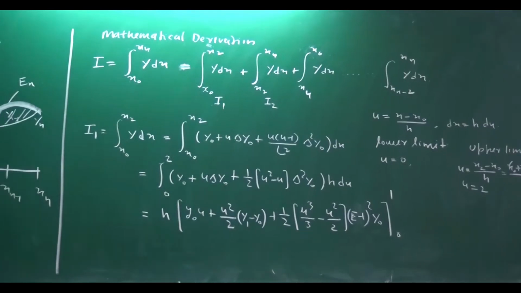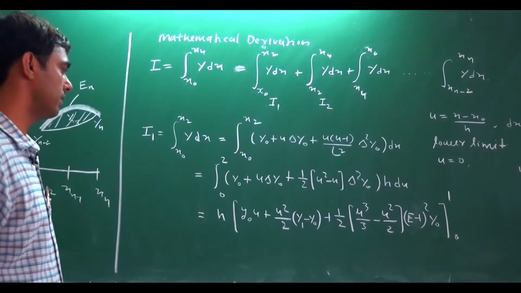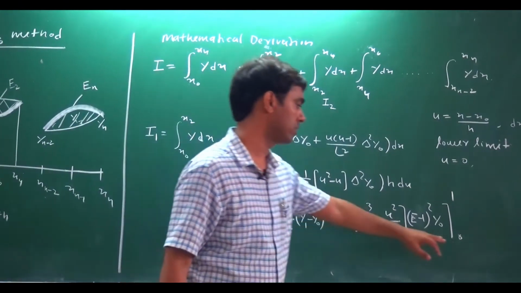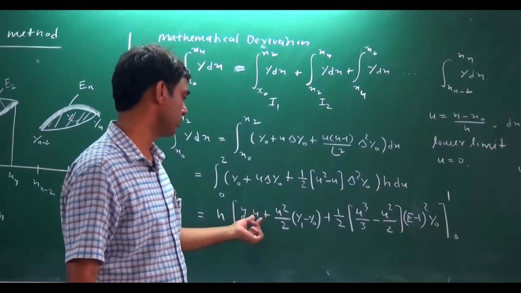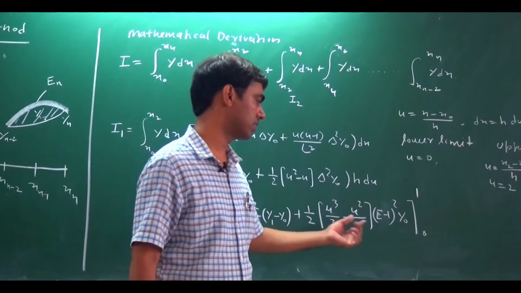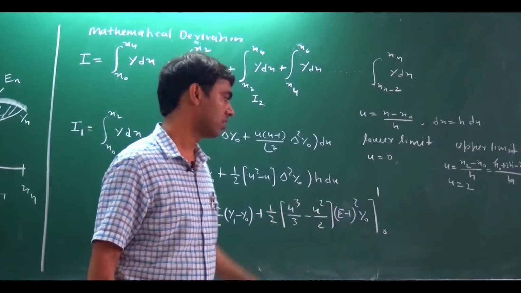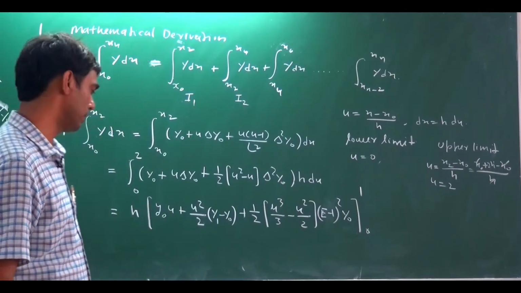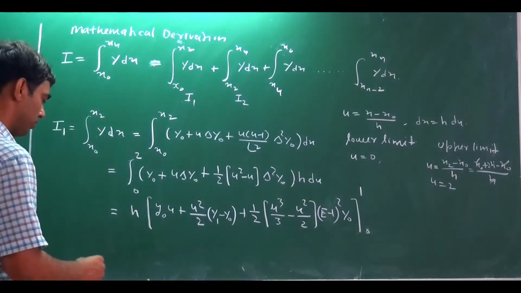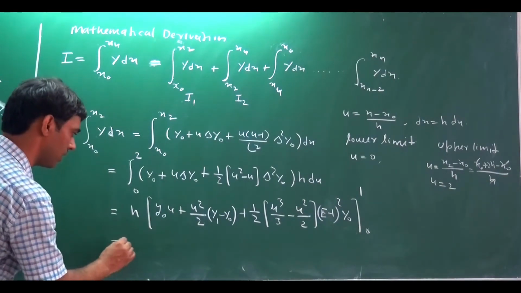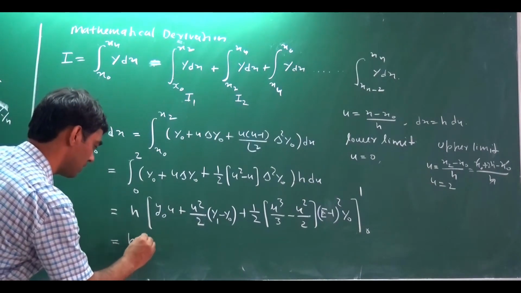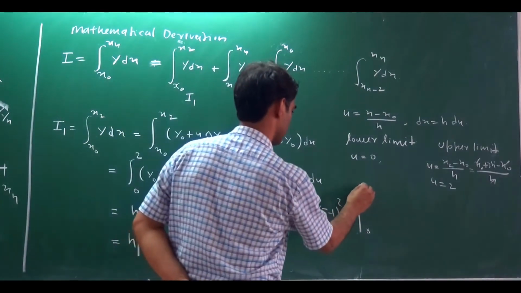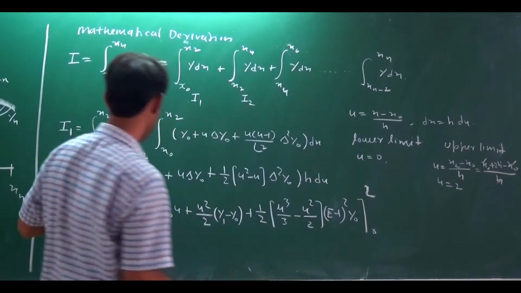So if we simplify this expression, what is the result? If we write one step more, all the terms carry the variable u, so by putting in the lower limit all the terms become 0, and only by putting in the upper limit can we find the expression. What is the value if we put the upper limit? Not 1, it is 2, sorry, because here the limits are 0 to 2.